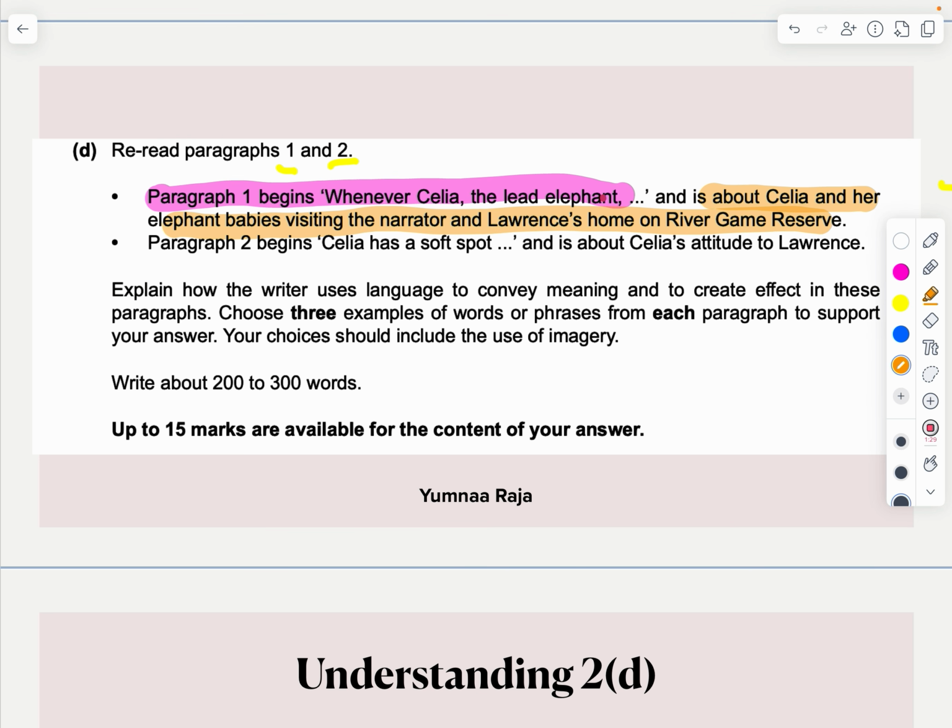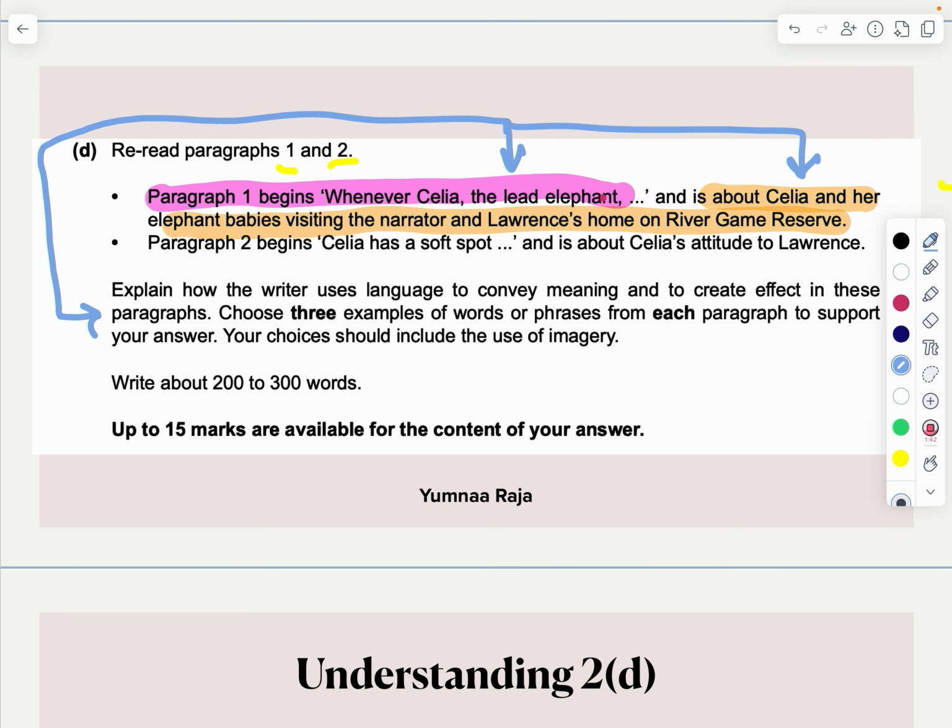What you are supposed to do is look at this specific paragraph. You're supposed to keep in mind what the paragraph is about, and once you have that under control, you pick out 3 examples of words or phrases from each paragraph. So what are we doing?